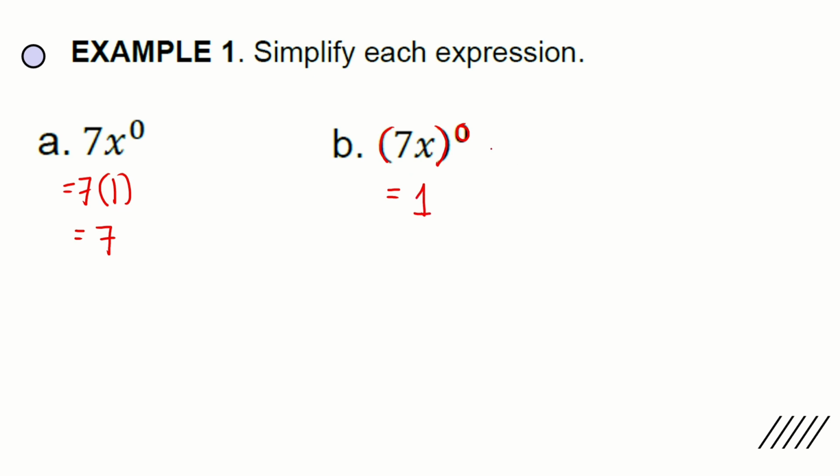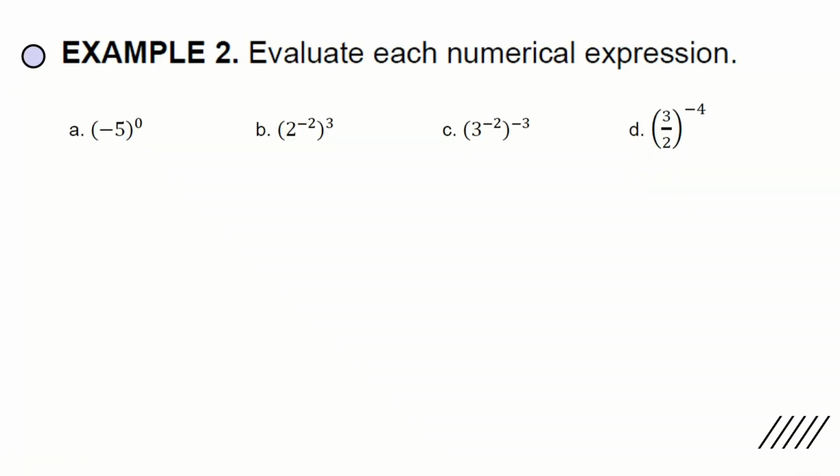If we're going to expand it more, we can distribute the exponent. So 7 raised to 0, x raised to 0. We know that 7 raised to 0 is 1 and x raised to 0 is 1. So 1 times 1, the answer is still 1.